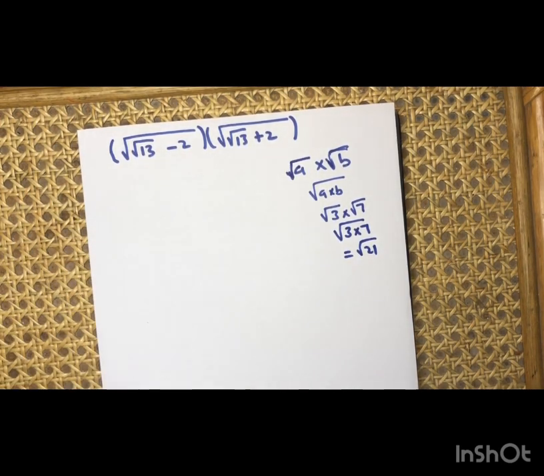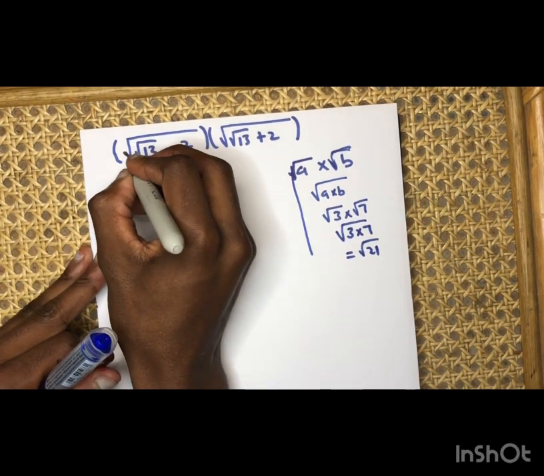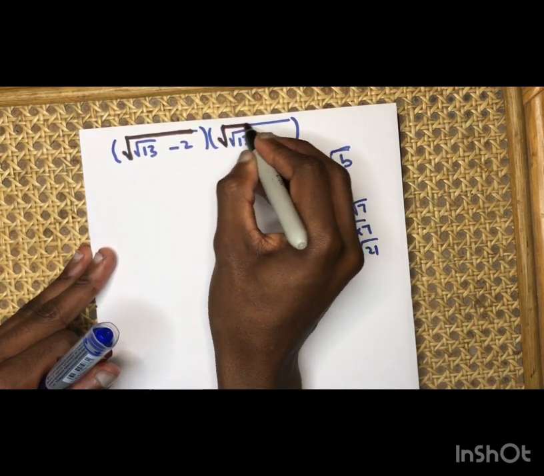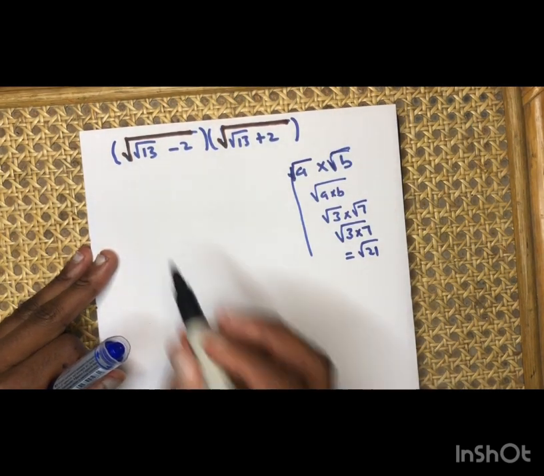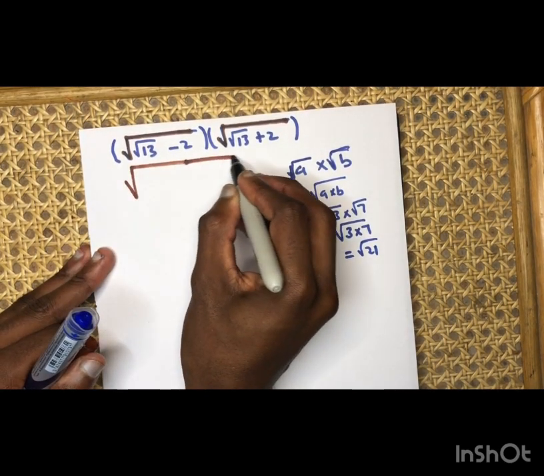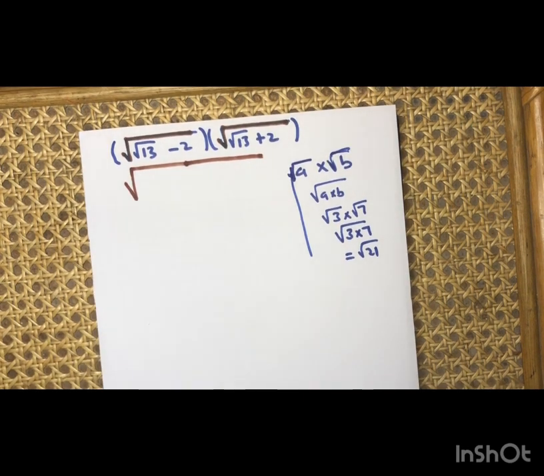So what we need to do here, guys, is simple. I'm going to take one square root, as you can see that this square root, guys, is the same as this square root. So are we together? I'm going to take one square root and multiply what I have inside.